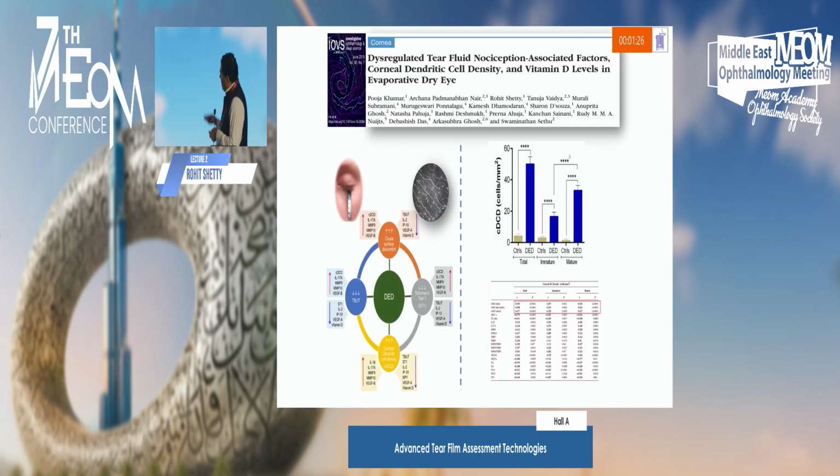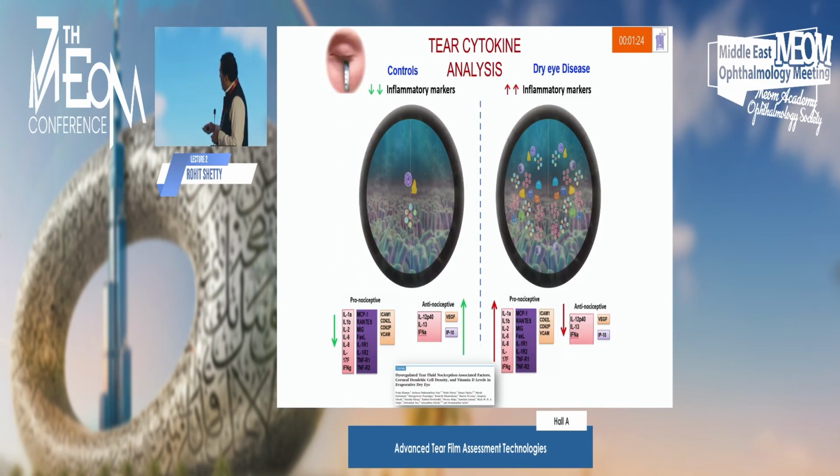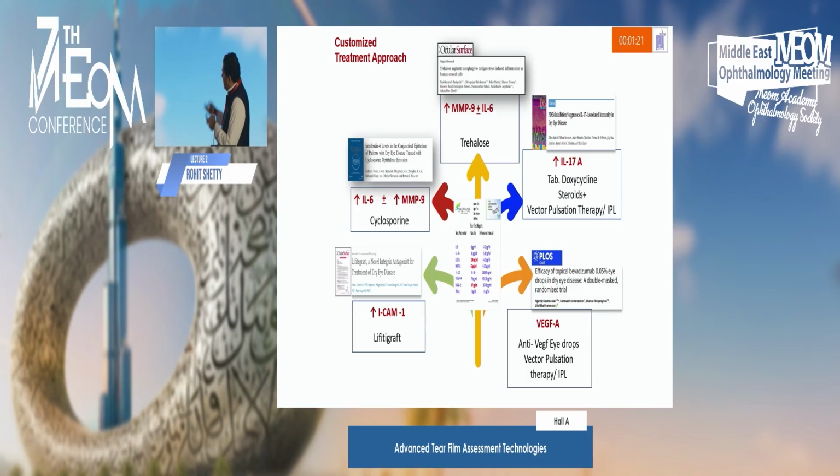Based on that, we are able to look at a lot of drugs which can be customized. What is interesting is that you can customize it like how you customize an antibiotic sensitivity. We use the same format to customize the cytokine sensitivity of these drugs. We don't have too many drugs which act here. For example, there's not too much work on IL-6. We have lifitegrast, which works on ICAM-1, but we have many more in the pipeline.